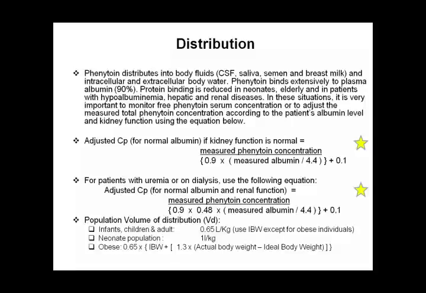So we multiply the difference between actual and ideal by 1.3 and add this number to the ideal body weight, then multiply this dosing weight by 0.65 to get the volume of distribution.